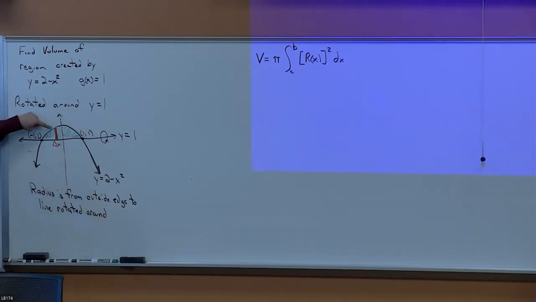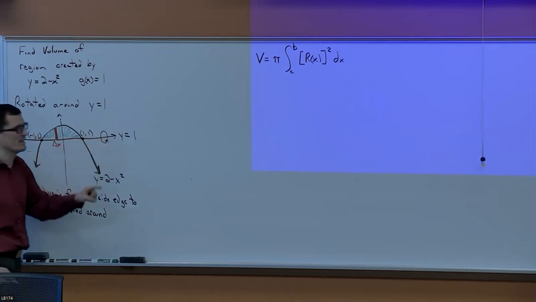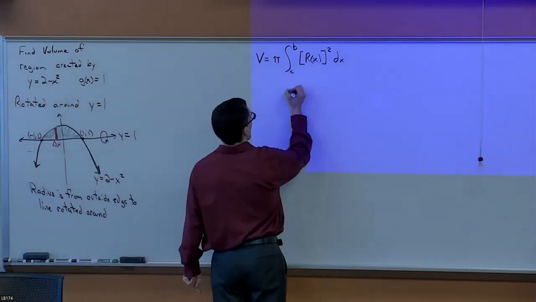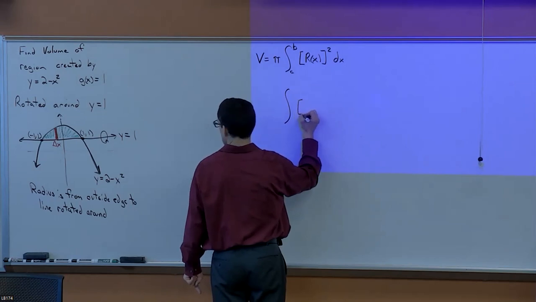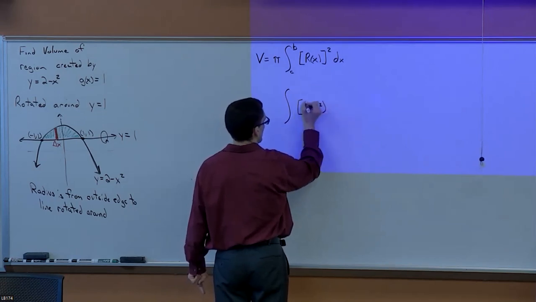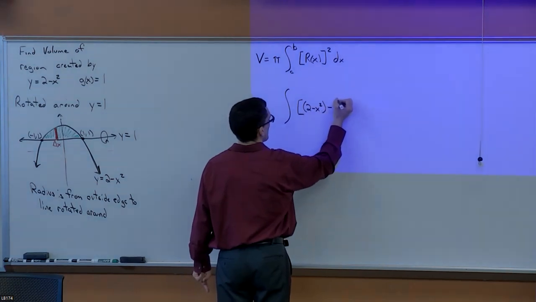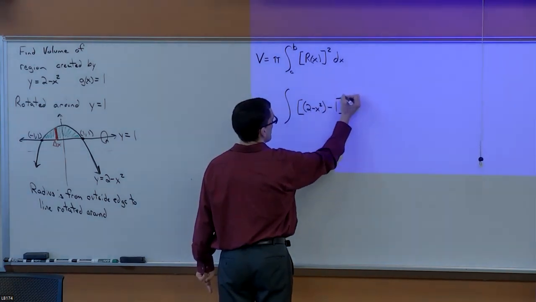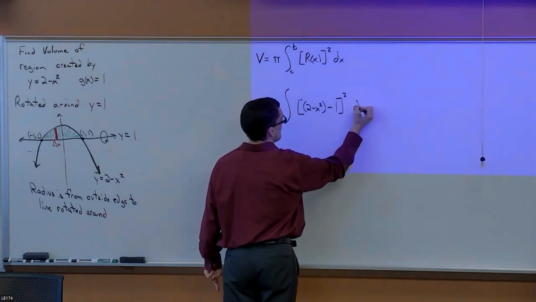So if the outside edge of my rectangle is determined by y equals 2 minus x squared, and the line that I'm rotating around is y equals 1, my radius becomes 2 minus x squared down to 1, that's just a -1.